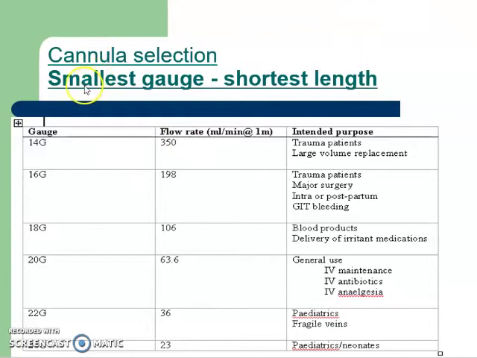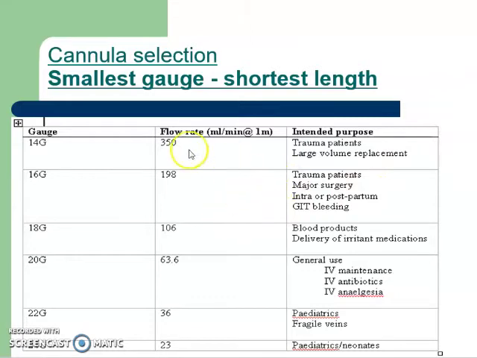Now, what should be the principle of selection of the gauge of cannula? You should select the smallest gauge and the shortest length cannula for the purpose for which you are cannulating a vein.